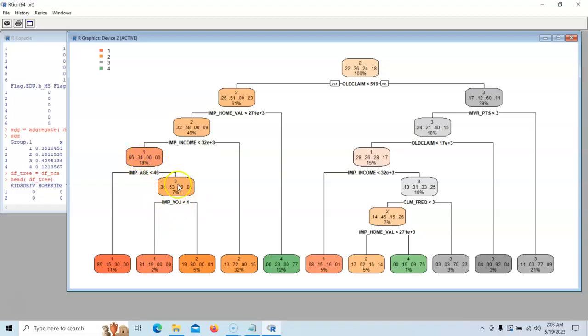He's not wealthy, he's older, but he can't hold down a job. If he's only been on his job for 4 years and he's over 46, that might suggest that he's irresponsible. But this is how you profile people. You use a decision tree.